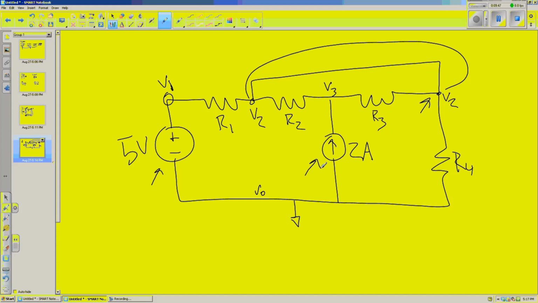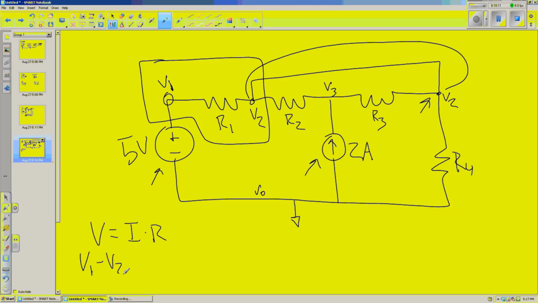Note on power. So we discussed V equals I times R. If we look at our circuit here, if we look at just this section here, we can say V1 minus V2 is equal to the current flowing across that resistor times the resistance of that resistor.